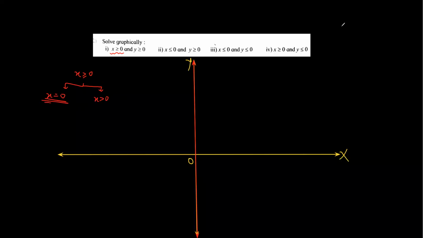So I will now use a very faint, light pencil. I will put a cross with a light pencil. Why? I don't have to go this side. x greater than 0 means I don't have to come this side. All these are x less than 0.